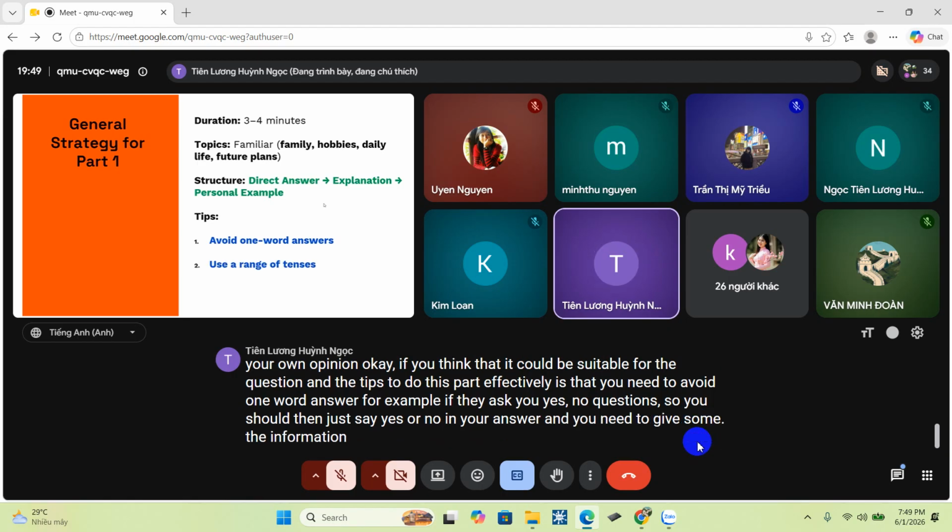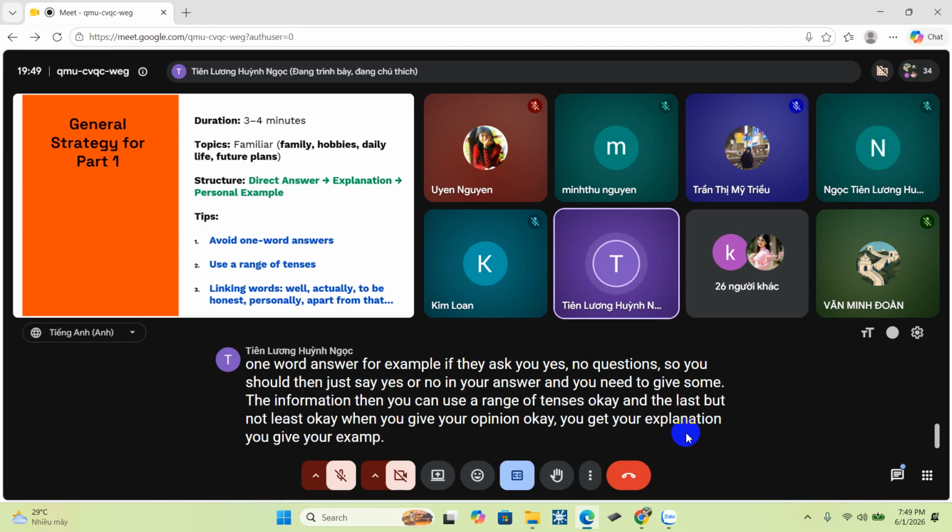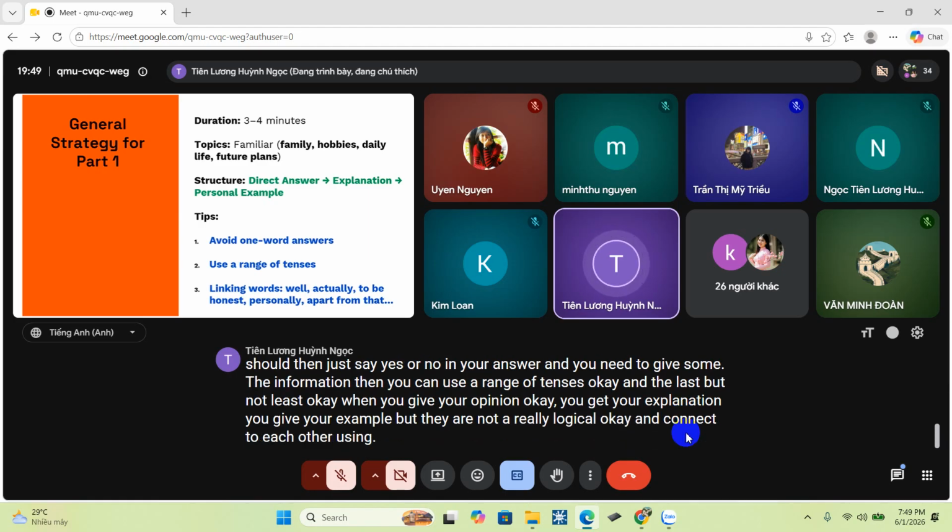Then you can use a range of tenses. And last but not least, when you give your opinion, explanation and example, they may not be logical and connected to each other. Using linking words in this case is very useful.